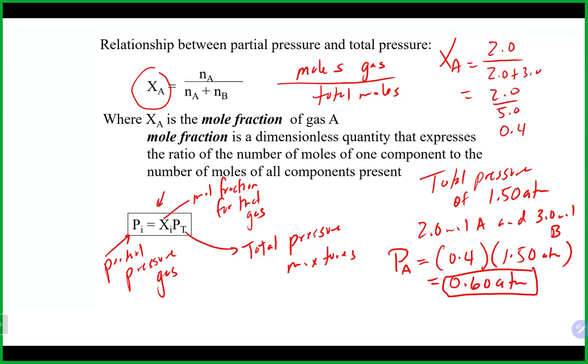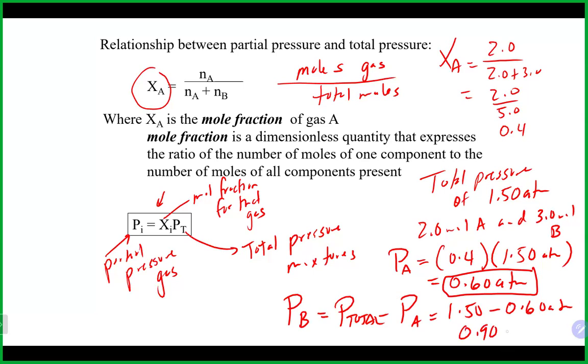So this is a way you can calculate the partial pressures, as long as you can get to the moles and also the total pressure. By the way, the pressure of B in my made-up example would be the total pressure minus the pressure of A, so 1.5 minus 0.6 atmospheres gives us 0.9 atmospheres.